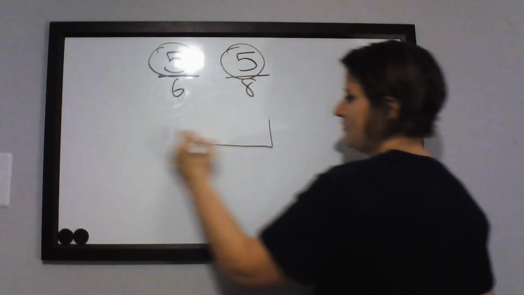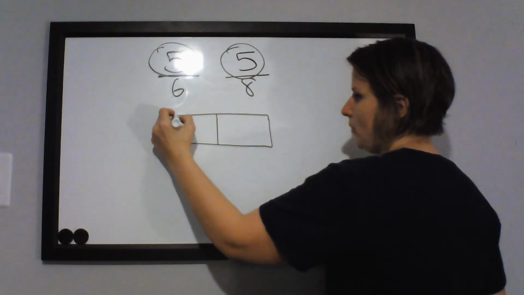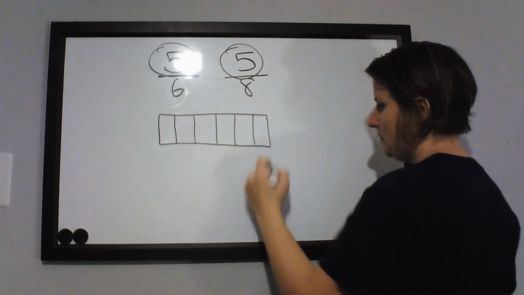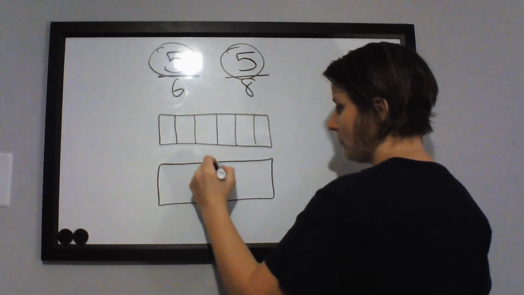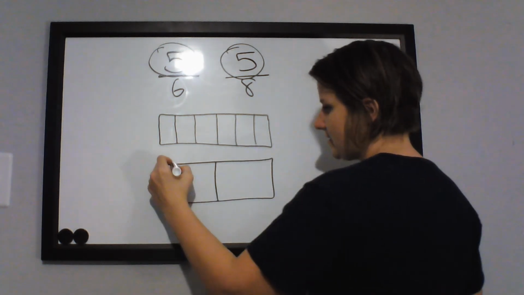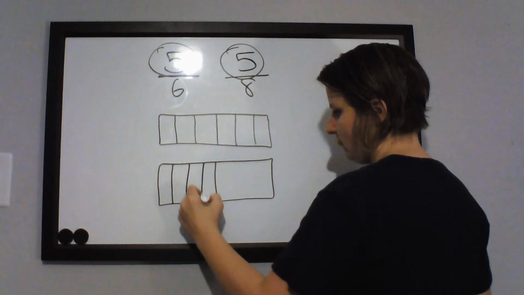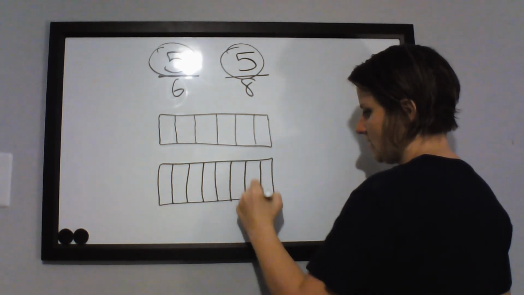That means we have the same whole, except this one is cut into 6 equal pieces. Trying to keep it the same size, and then I'm going to draw the same whole below it, except this time I'm going to break it up into 8 equal pieces. So I need 4 on this side, and I need 4 equal pieces on this side.